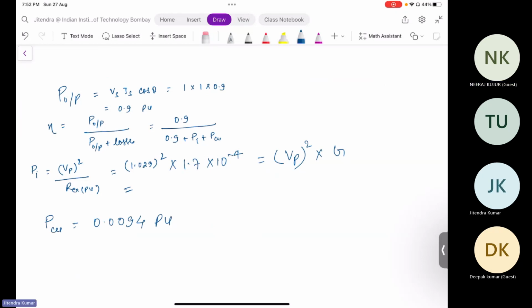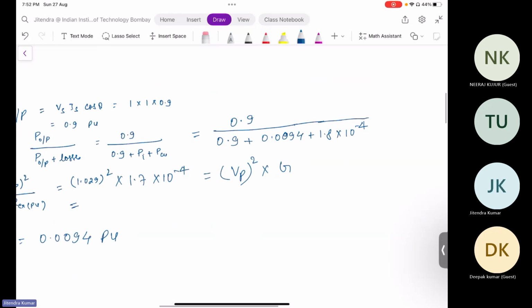Okay, so now we can plug in here. How much is the per unit of iron loss? 1.8 into 10 to the power minus 4. So you compute it, then you will get the value of efficiency.